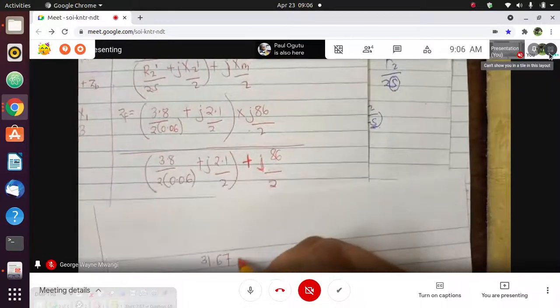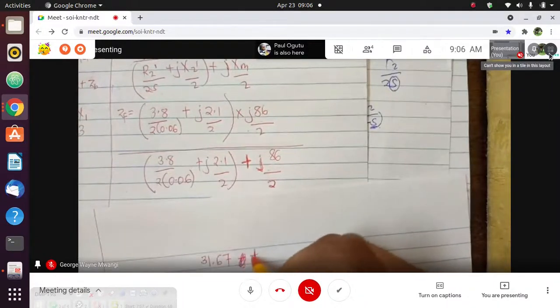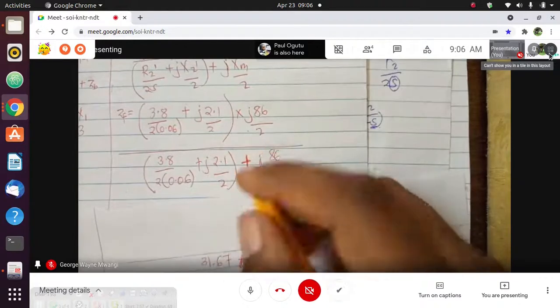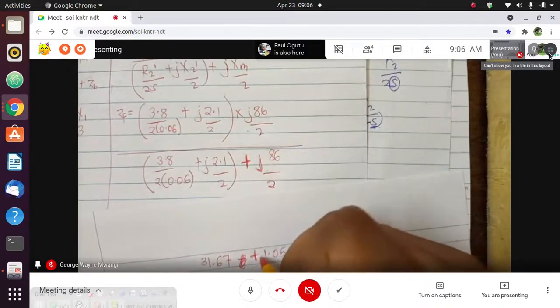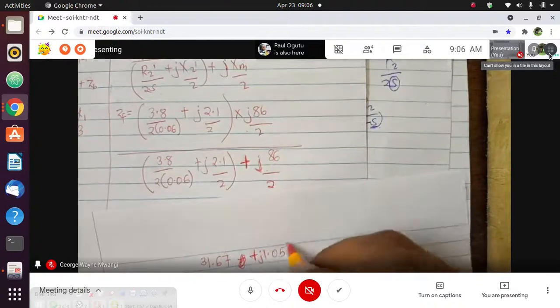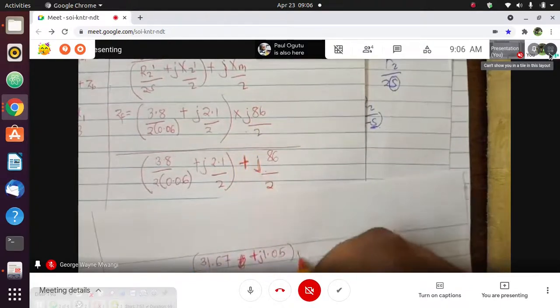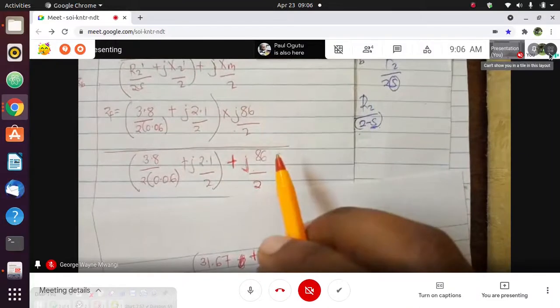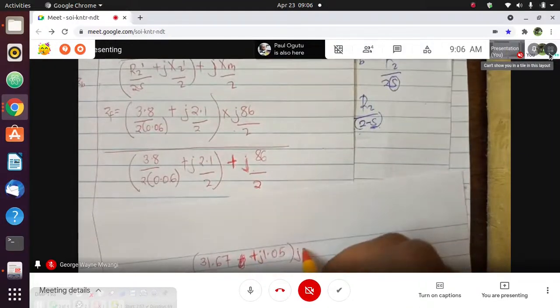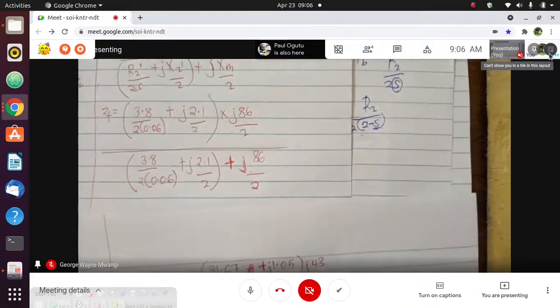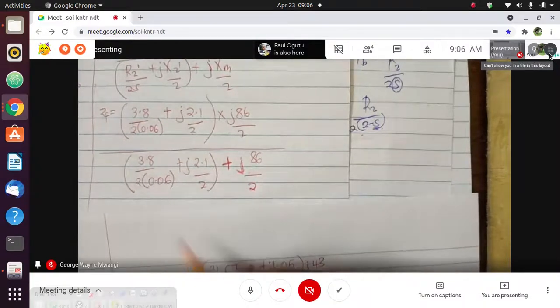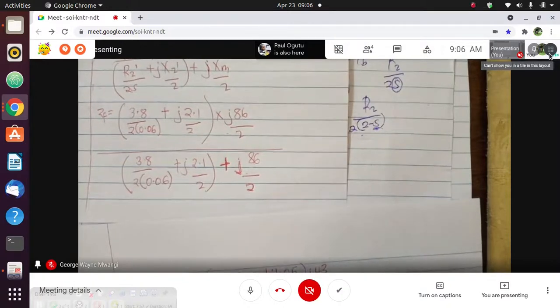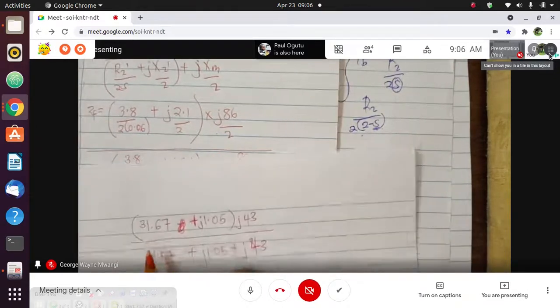Plus 2.1 divided by 2 is how much? 1.05 j, multiplied by j 86 divided by 2, which is 43, all over the same: 31.67 plus j 1.05 plus j 43. Now let's open this bracket.